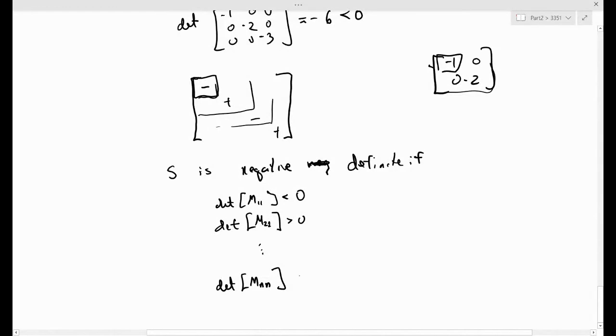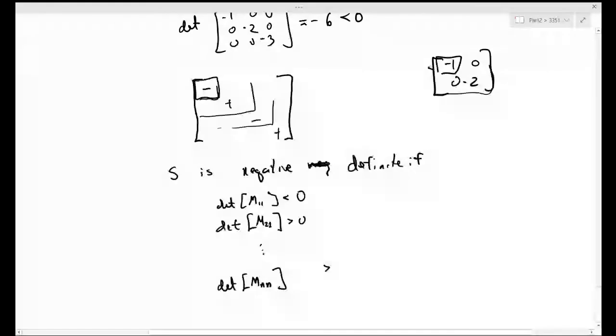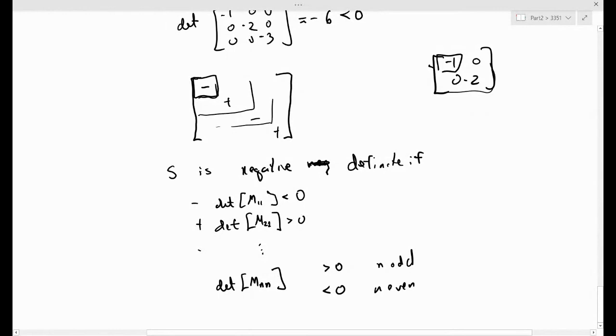Right, but then this would be what? This would be positive if n is even, and negative if n is odd. But the idea is that it's alternating signs, starting with a negative. Okay.